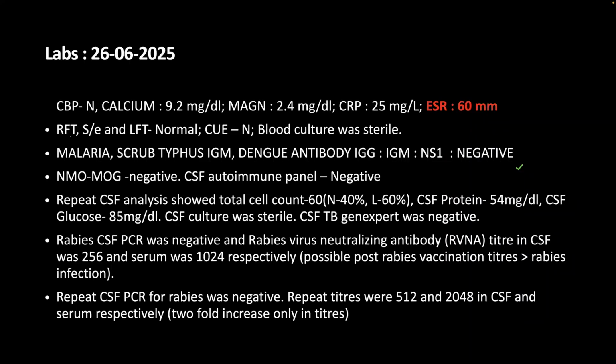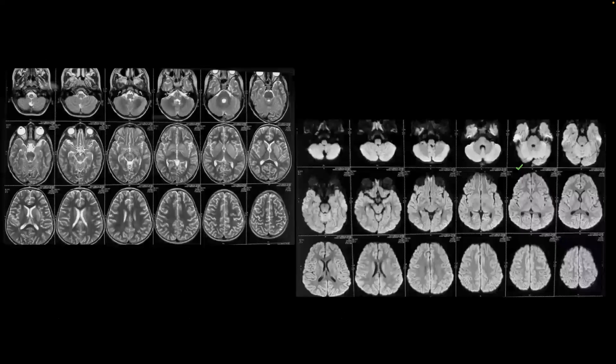One week later, CSF was repeated to see rising titers. The repeat titers showed a twofold increase in CSF as well as serum. NIMHANS said to repeat one more CSF to confirm at least a fourfold rise in the titers to confirm rabies. So the report is still awaited.